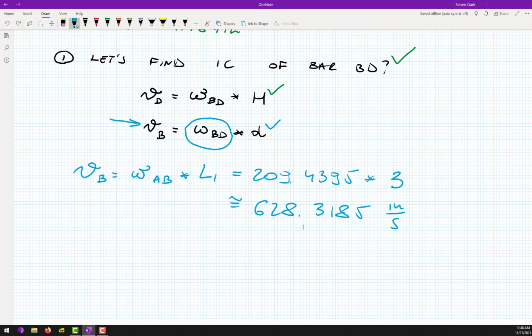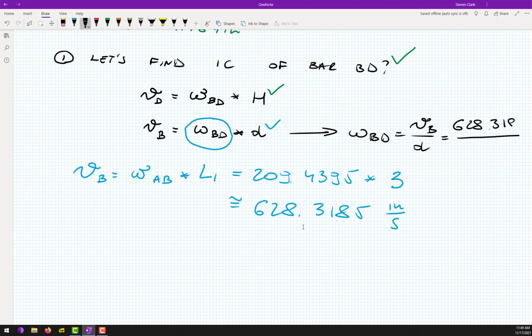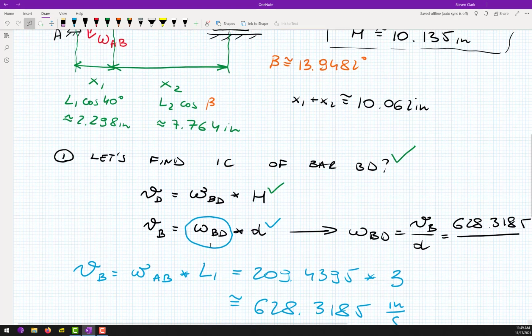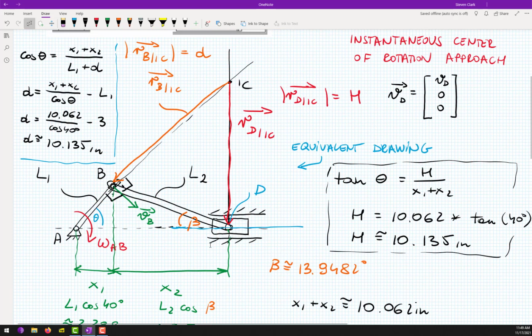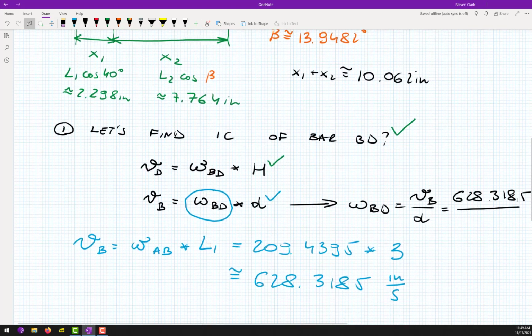So now we know that our omega BD is equal to VB divided by D, and this is equal to 628.3185 divided by D. I forgot how much D was. Let me scroll up the board. D was 10.135.